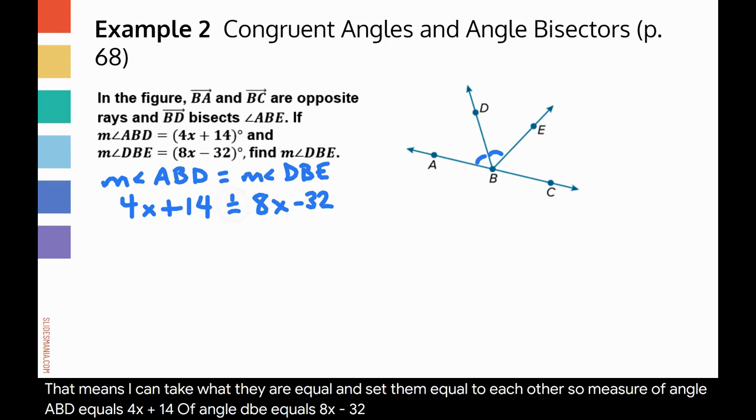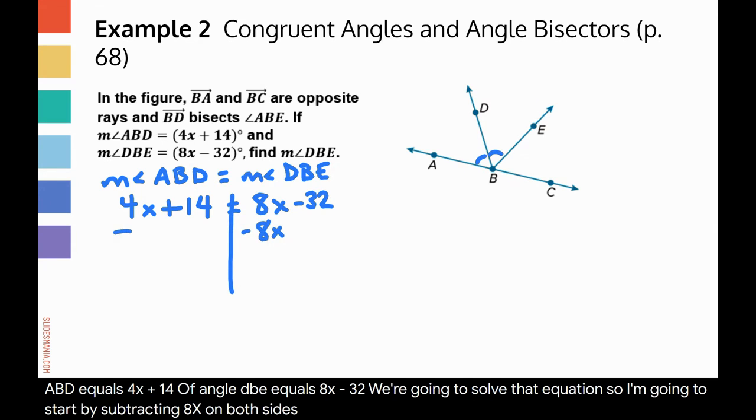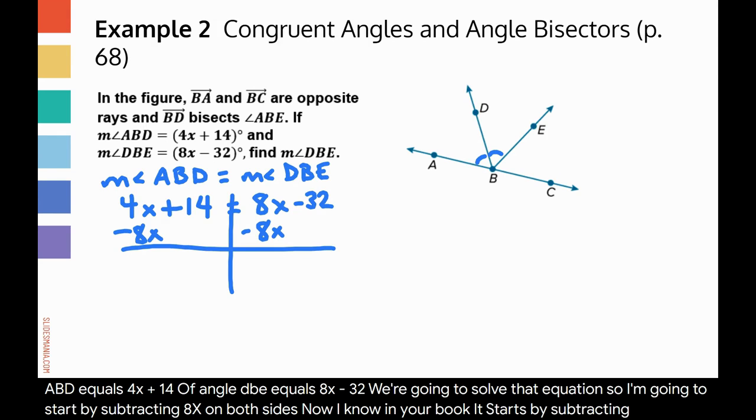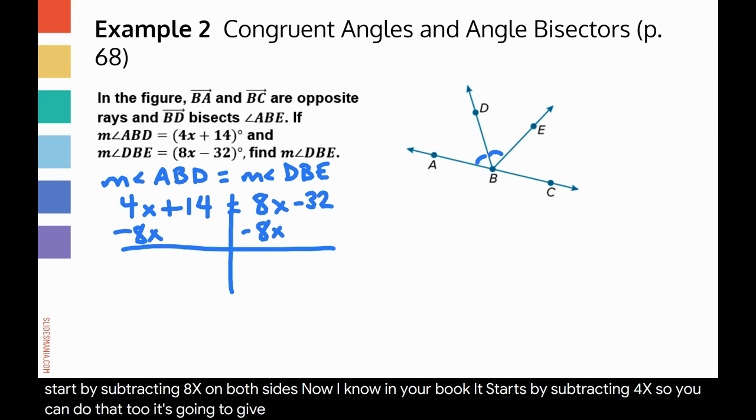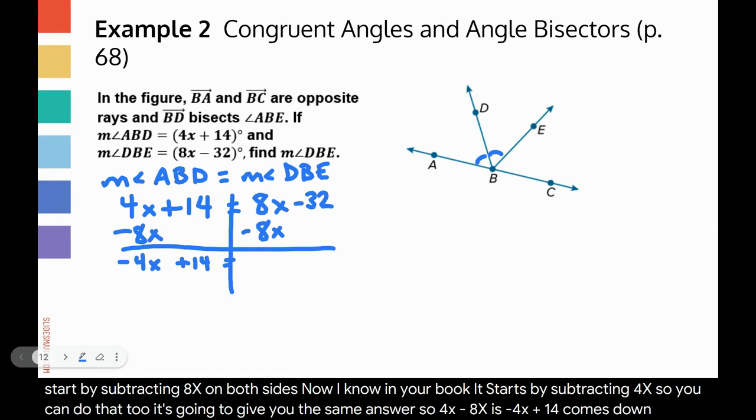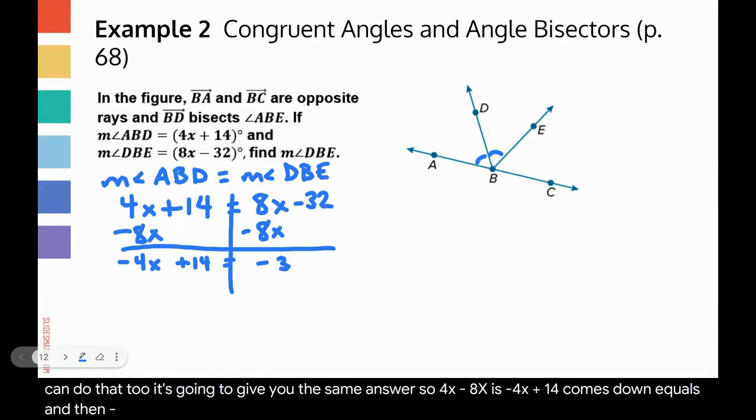Okay, so then we're going to solve that equation. I'm going to start by subtracting 8x on both sides. Now I know in your book it starts by subtracting 4x, so you can do that too. It's going to give you the same answer. So 4x minus 8x is negative 4x, plus 14 comes down, equals, and then negative 32 comes down. Now we're going to subtract 14 on both sides.